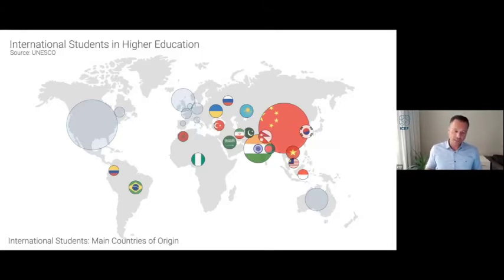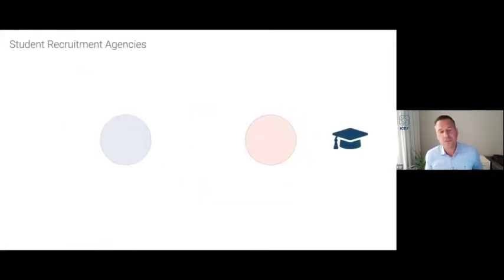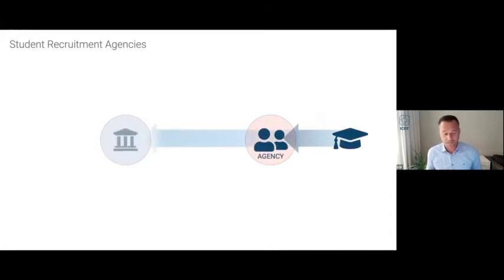It goes without saying that understanding these student corridors, where students come from, where they decide to study, is of course very relevant for the geographic focus of your marketing activities. And for those marketing activities, it is important to understand what we call the agency model. And with agency, I mean a student recruitment agency.